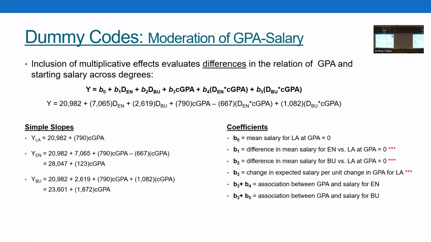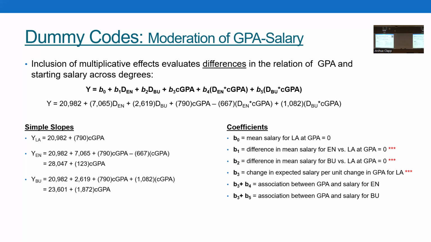And then I'm going to run another one where I just make engineers my reference group, right? So I'm going to have a different combination of interactions. Here, I will need to go through and create a dummy code for liberal arts, because in some of these, liberal arts is not going to be the reference group. If I want to test this simple slope for engineering, all I do is recreate a model where I have a dummy for liberal arts and a dummy for business, with corresponding interactions.